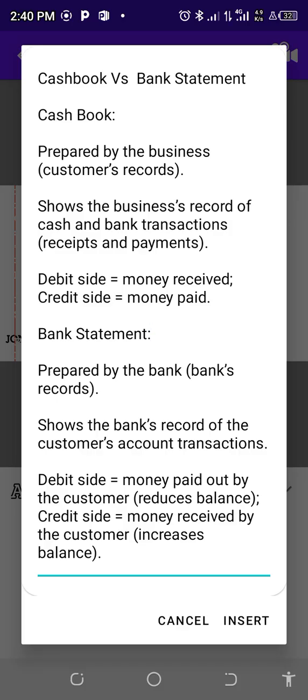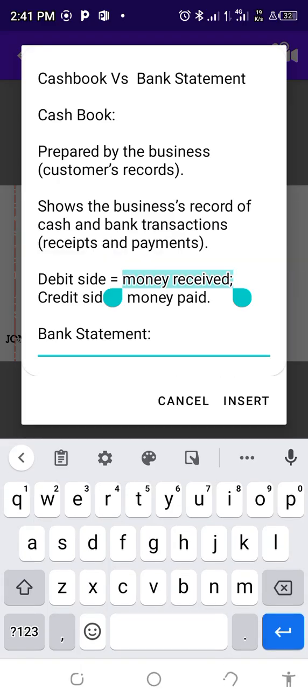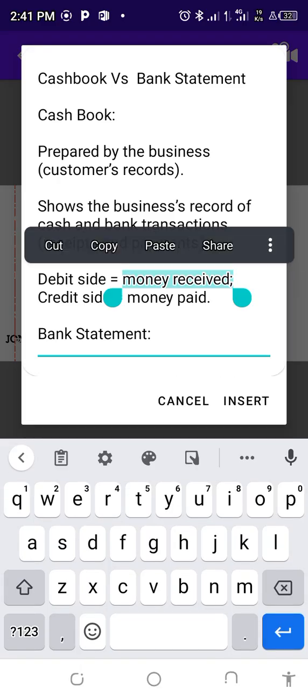That is, increase is recorded at the credit side, while decrease is recorded at the debit side. A very important point here is that all money paid into the bank, that is all transactions on the debit side of the cash book, are traceable to the credit side of the bank statement, and vice versa.